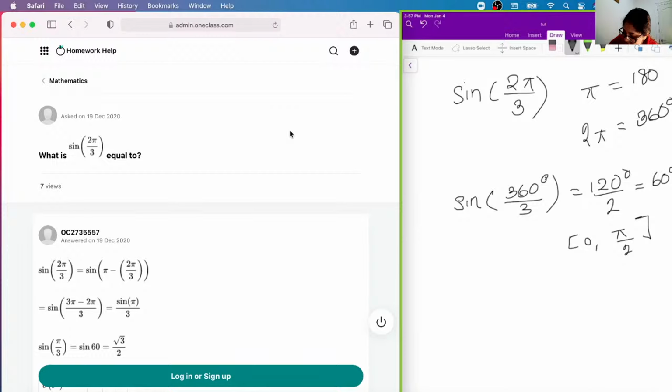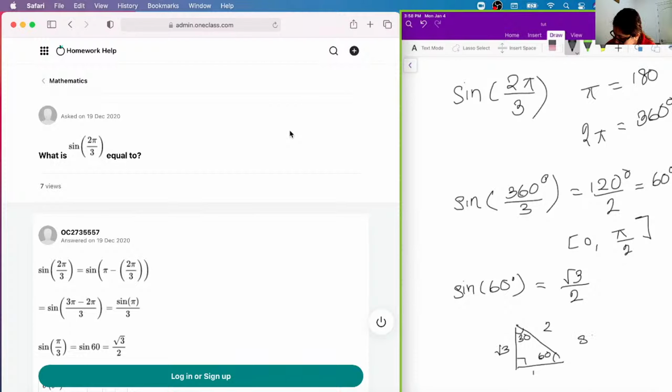And so I would say that sine 60, if you guys recall the special angle formula, would be root 3 over 2. And so if you want to draw quickly, you have your hypotenuse 2, you would have root 3, this would be 1, a right angle triangle, so this would be 60, this would be 30.